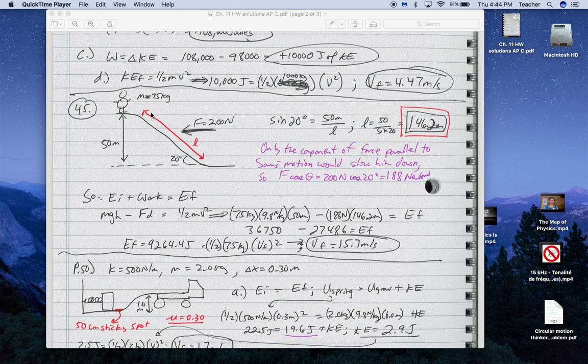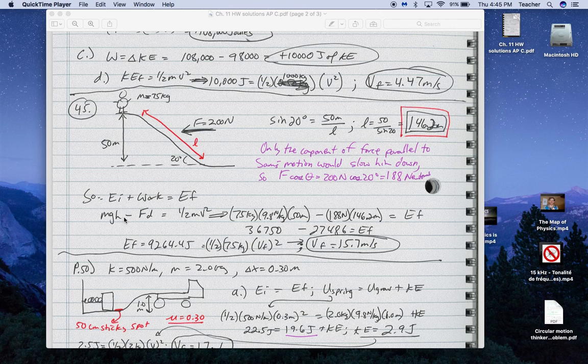Looking at number 45, we're basically being asked to figure out the speed at the bottom of this ramp. If the person's up here, frictionless surface, but you have a 200 newton wind force pushing horizontal. So essentially, what I would need to do first of all is figure out the length of the slope. That was 146.2 meters. There's a couple ways you could think about the work here.